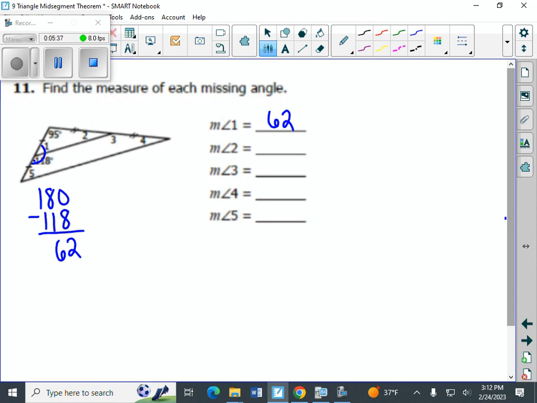I'm going to erase that here because it's already jumbling up the picture. So now we know that this is 62.